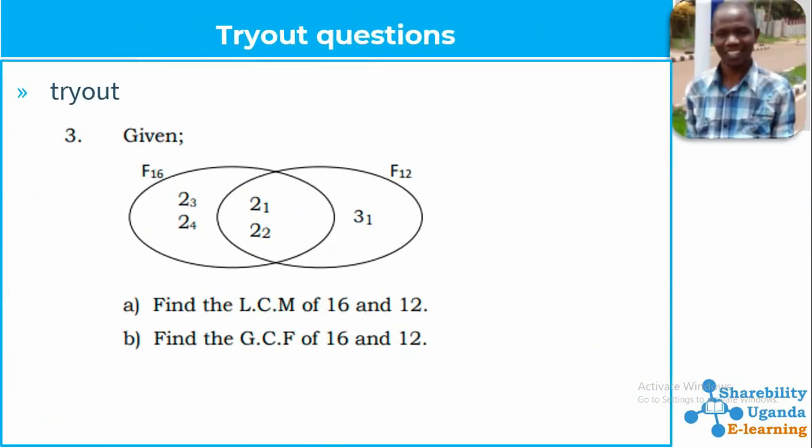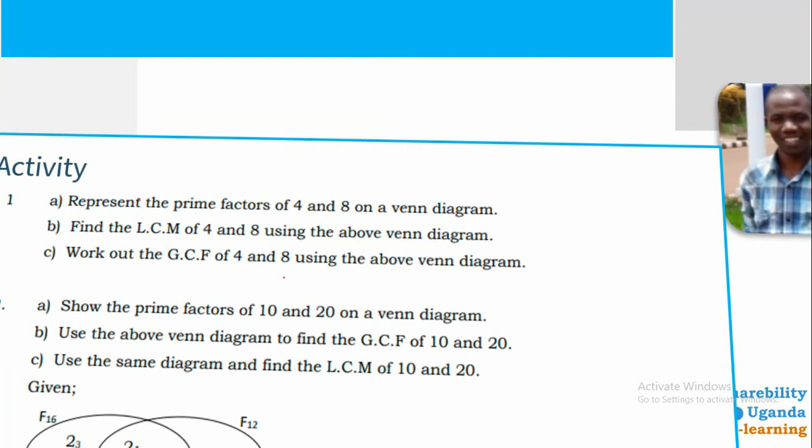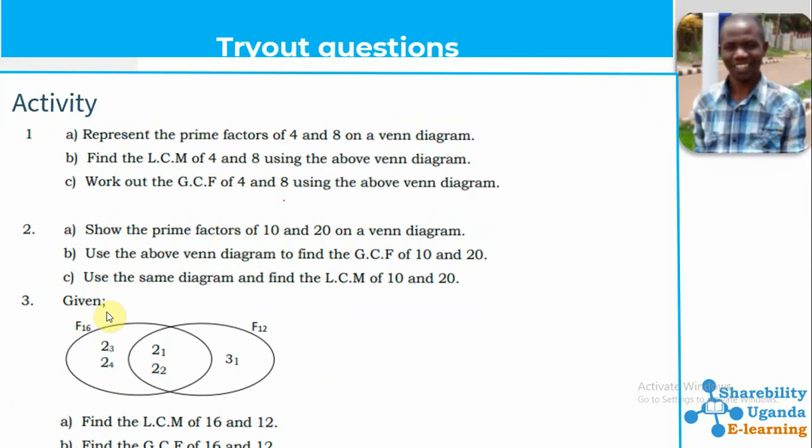Today's main purpose is to handle question 3, because question 2 has the same knowledge. It says show the prime factors of 10 and 20, then the GCF and the LCM. So we shall go to question 3.